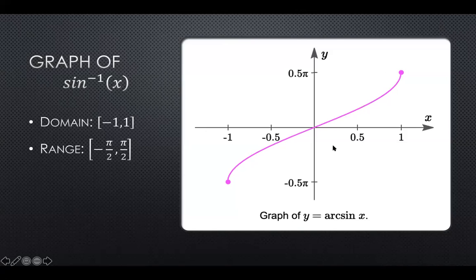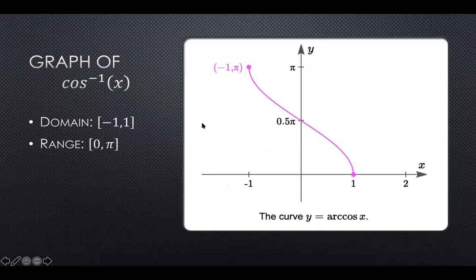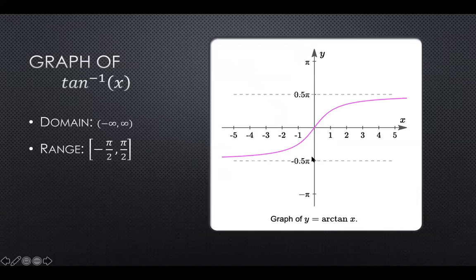For the inverse sine, the output is between minus pi over 2 to pi over 2. For inverse cosine, the output is between 0 and pi. And for inverse of tangent, the output is between minus pi over 2 to pi over 2.